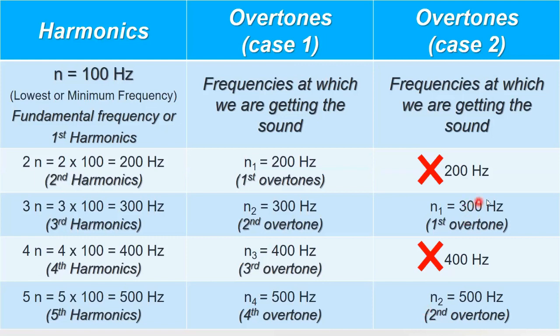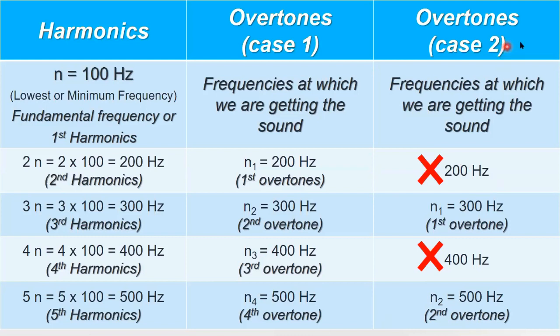So what are overtones? Overtones are the actual sounds produced by the given instrument. But all the harmonics, we are not getting. In case 2, we are not getting the second harmonic. We are directly getting the third harmonic after the fundamental frequency. And then again, we are not getting the fourth harmonic. We are directly getting the fifth harmonic.